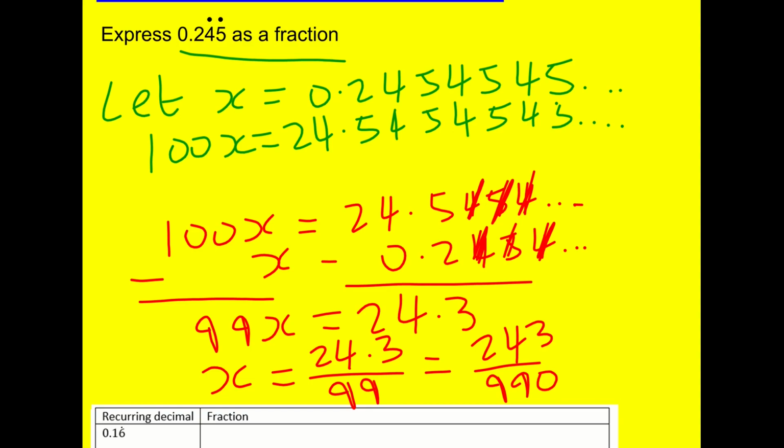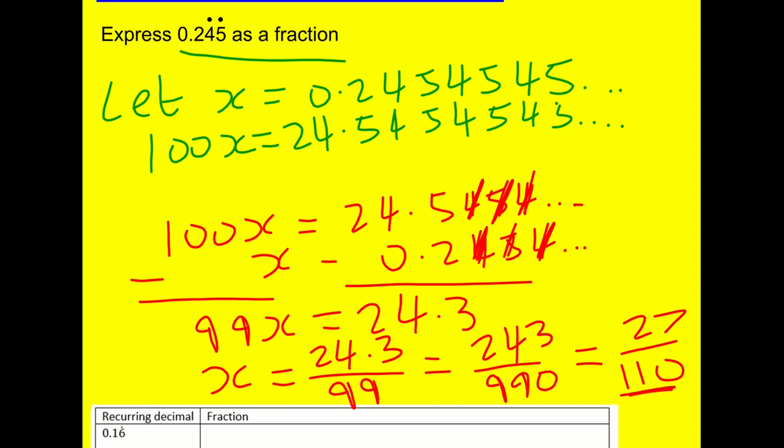So this is not following the same thing as before, this 99 idea. We then have to simplify it, and because 9 goes into both, you can divide through by 9, and if you do so, you will get to 27 divided by 110, and that's the simplified form.